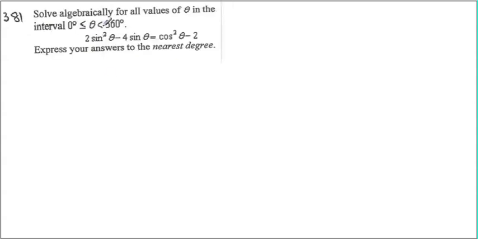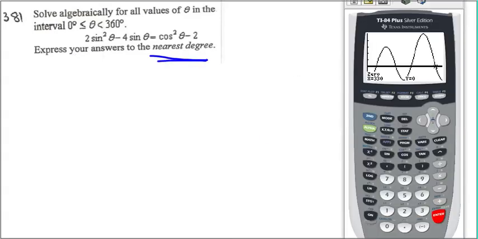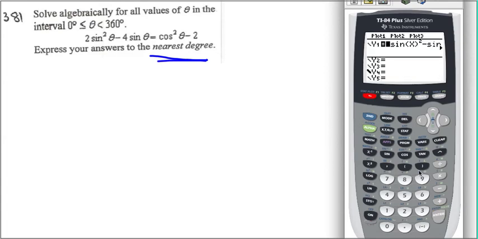Here we have 0 through 360, nearest degrees, so what we're going to be doing is we're going to use the calculator once again. Here we have 2 sine x, and then we're going to square that, minus 4 sine of x.